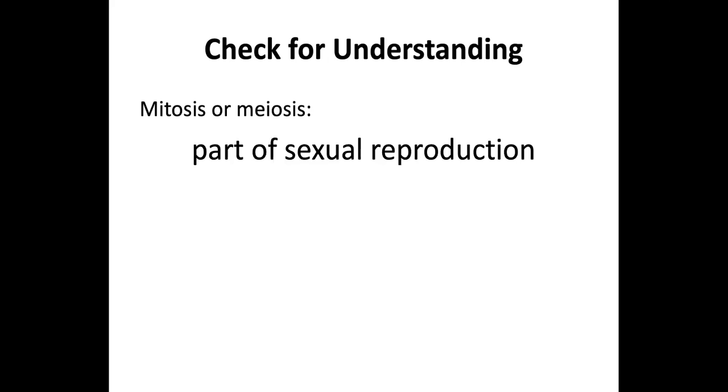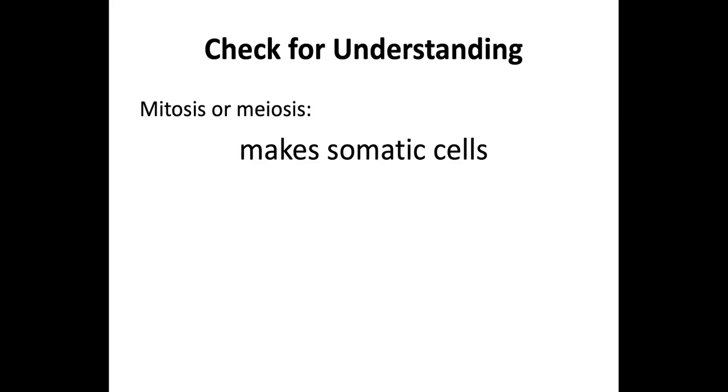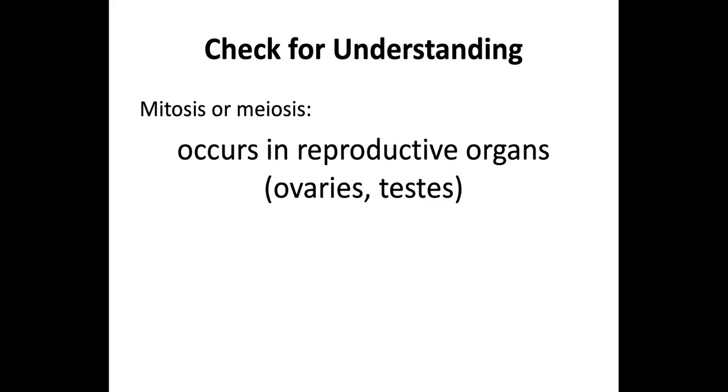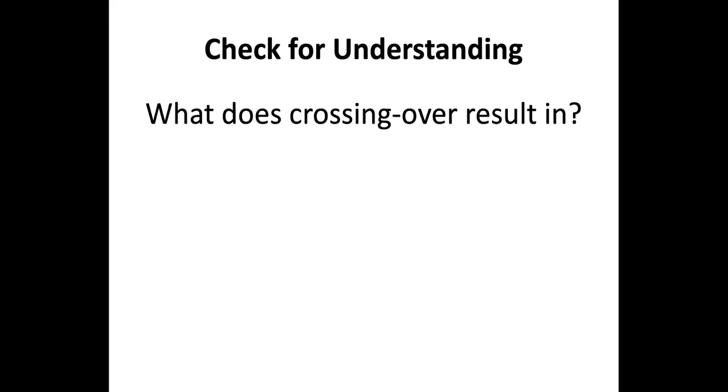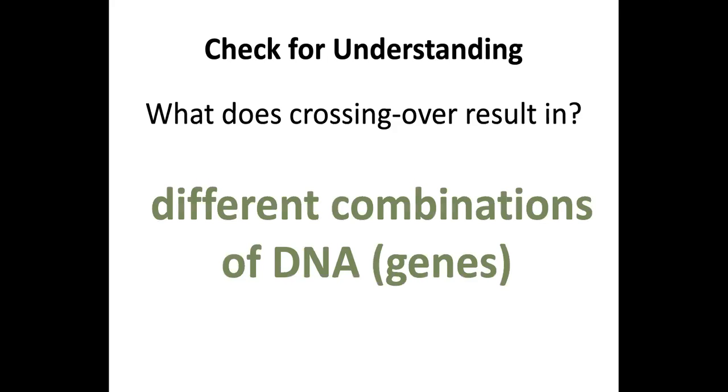Part of sexual reproduction makes somatic cells. Mitosis occurs in reproductive organs. Which one? Meiosis, that's right. Somatic cells. Okay, and what does crossing over result in? Genetic variation, okay, or different combinations of genes.